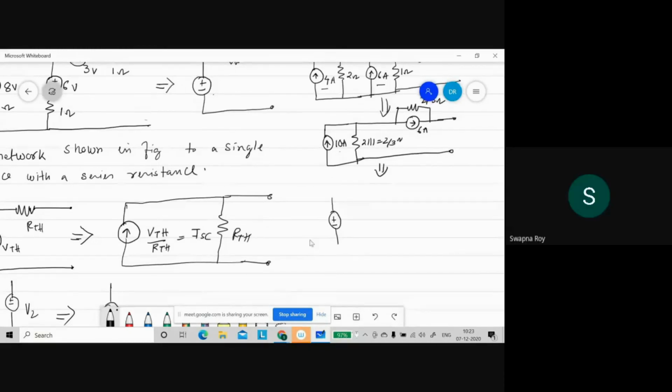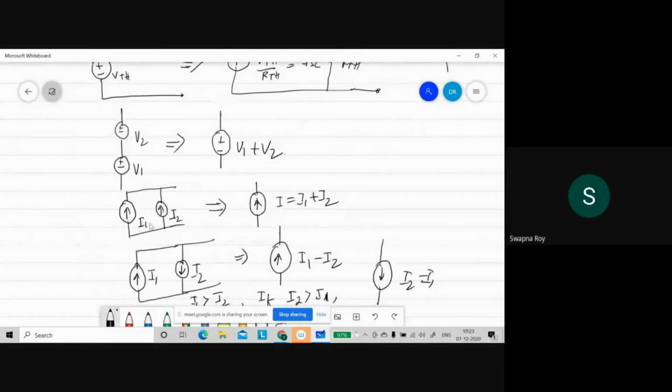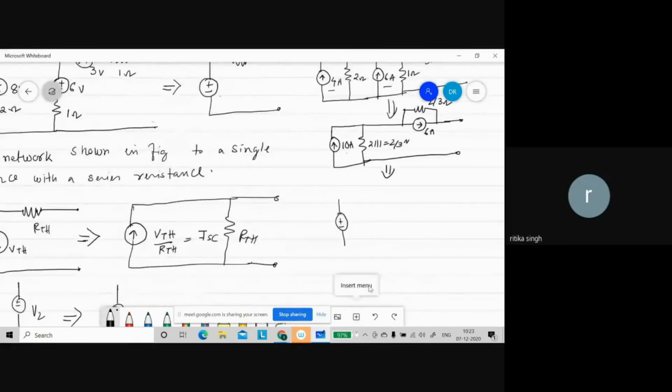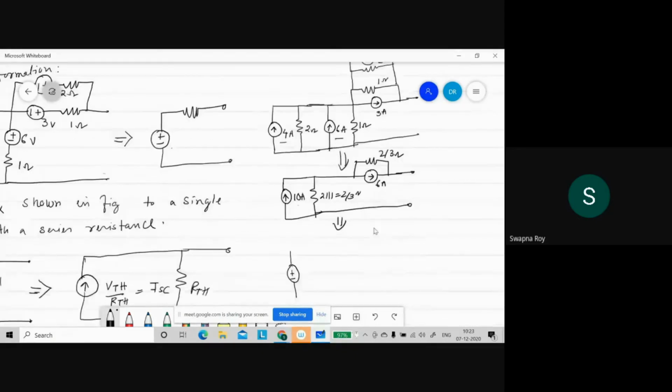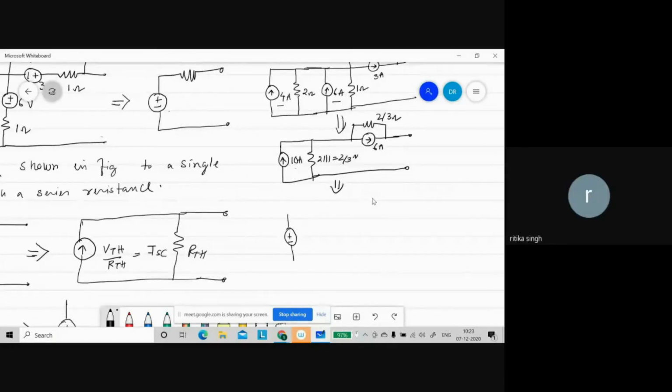I told you that when the currents are in the same direction, we can add them. Oh, okay. The same direction, so I am adding them. So this is 10 ampere. And this is 3 ampere, this is 3 ampere. Again, they are in the same direction, so this one is 6 ampere. And the resistances are connected in parallel, so I have written the equivalent value of the resistance. This is 2 by 3, this is 2 by 3. Okay? Okay, ma'am. Thank you. Got it.